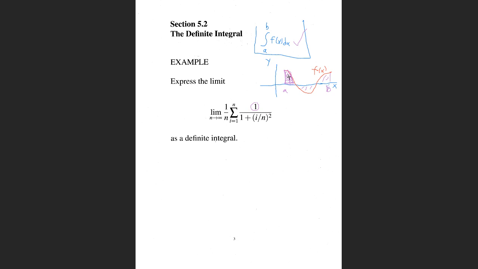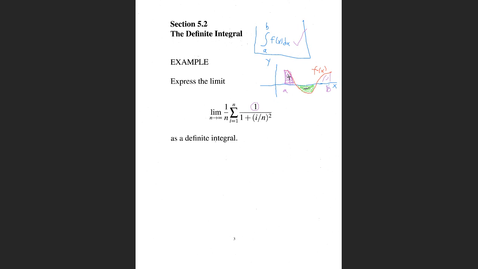Well, what about this area here? Bounded between the function f of x and the x-axis, but the area is below the x-axis. Good, everybody. That's negative area. Very good. So that area is negative.